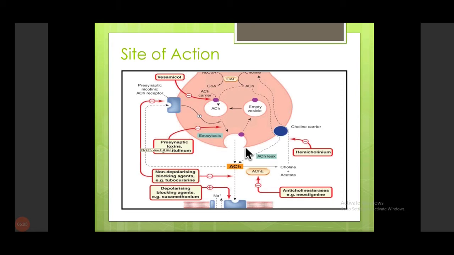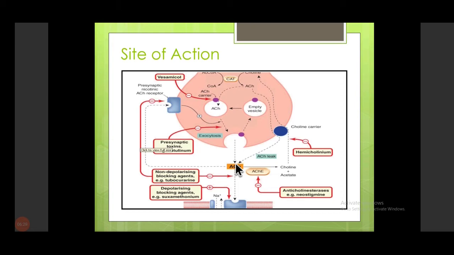This is in gross what you need to remember as of now for the understanding of this concept. So ACH is acted upon at the neuromuscular junction. From our earlier classes on the cholinergic system, we have understood that there are two types of cholinergic receptors, the muscarinic receptors and the nicotinic receptors.